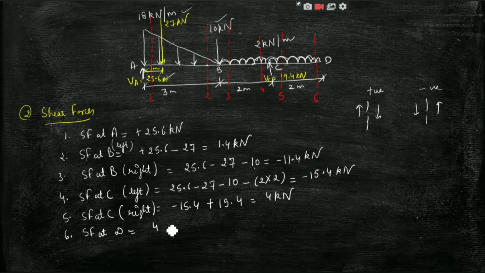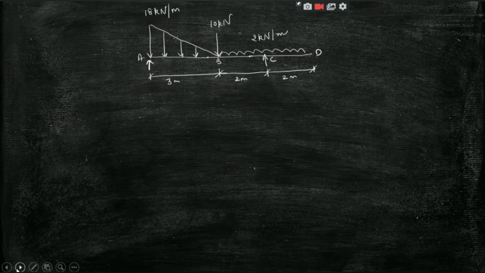So I can write 4 minus 2 into 2, because the UDL is 2 acting over 2 meter. So we will get the shear force at D to be 0. So these are all the shear forces which we have calculated.